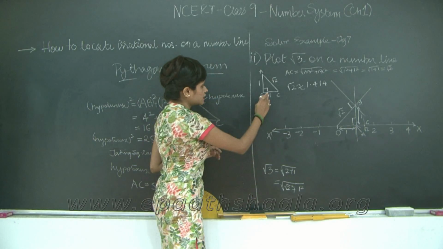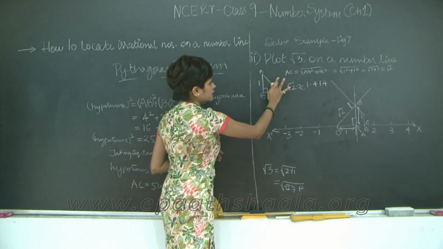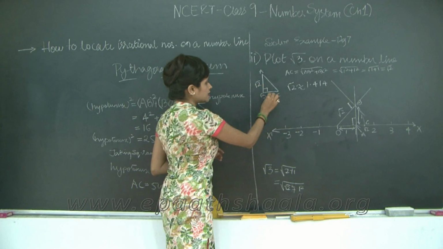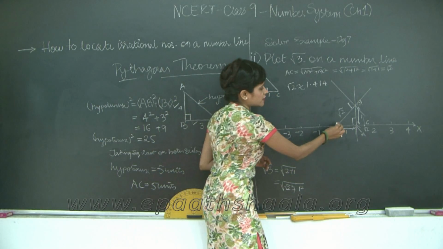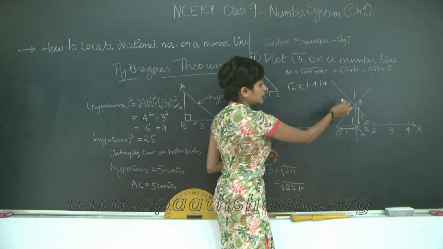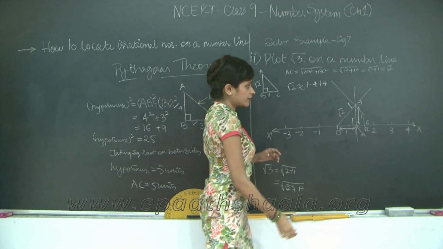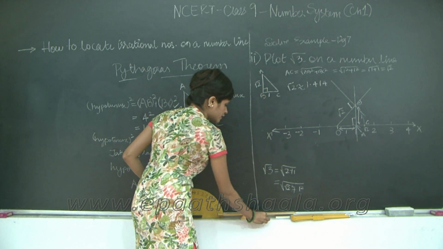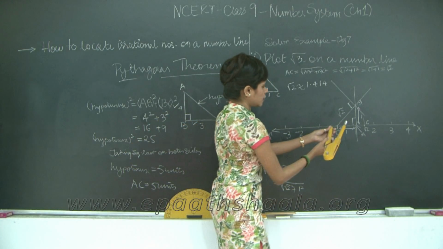Which means I need to have a triangle such that one side is root 2 and the other side is 1. Now you see we already have root 2, which is OB. So I need 1 centimeter on this line, right? From B and on this perpendicular line. So I am again going to take 1 unit.